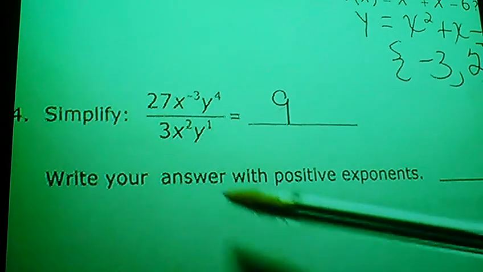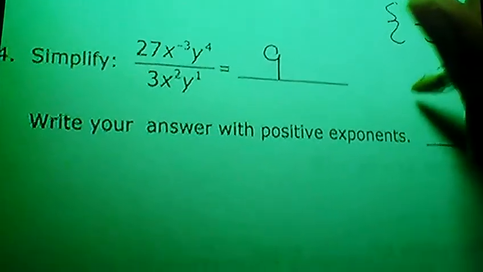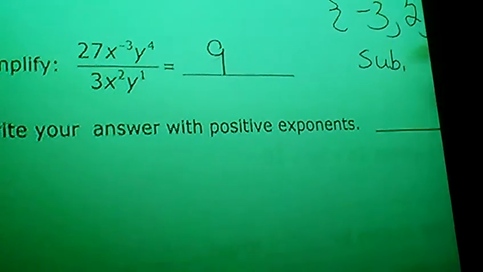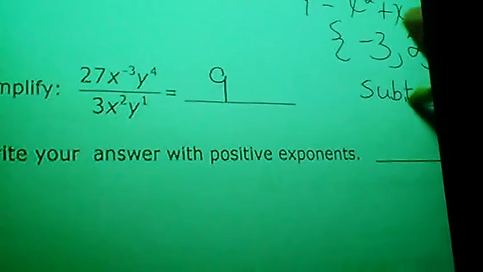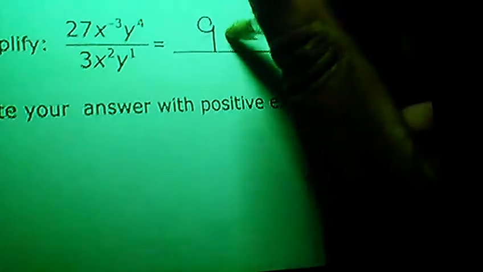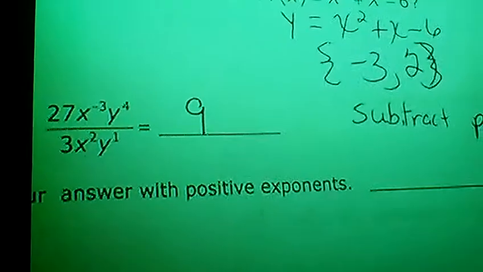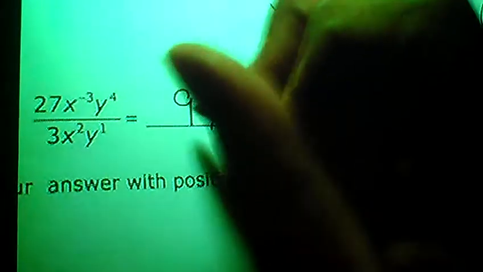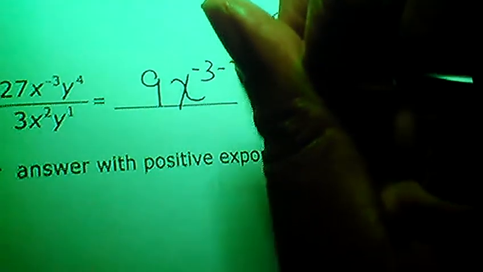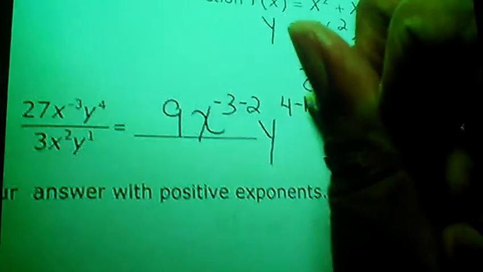When we look at same bases, we subtract the powers. Subtract powers. All right. So that gives us x to the negative 3, subtract 2 power, and y to the 4, subtract 1 power.